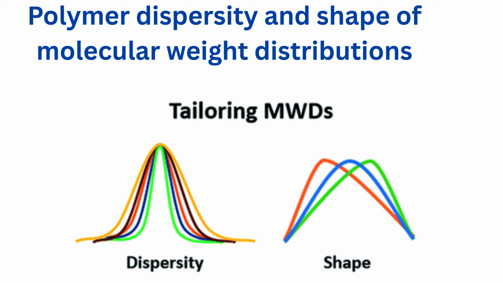Both average molecular weight and molecular weight distribution are the two key characteristics that determine the properties of polymers, and the dispersity is used as a measure of the breadth of the molecular weight distribution. PDI is defined as Mw divided by Mn, where Mw and Mn are the weight average and number average molecular weight, respectively.